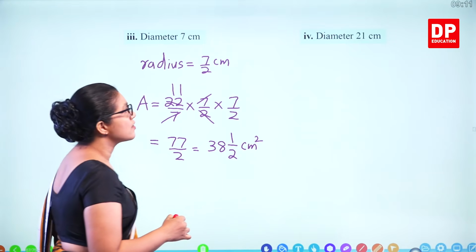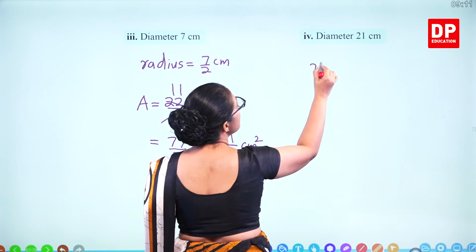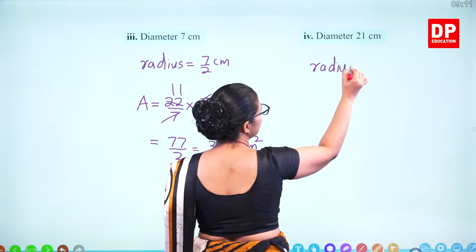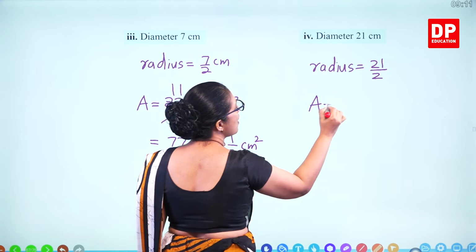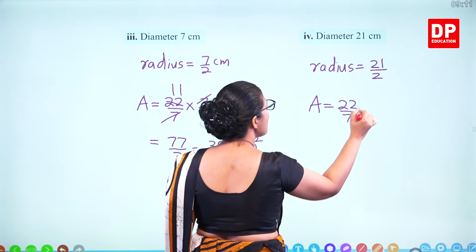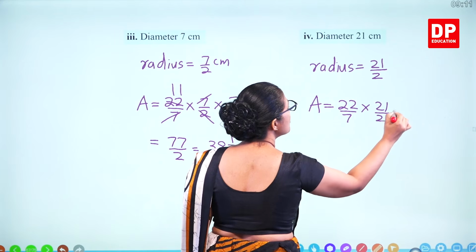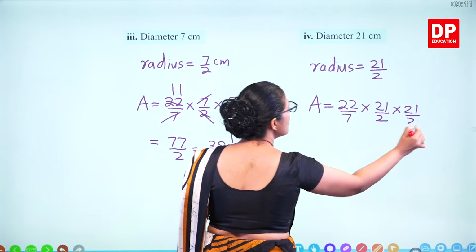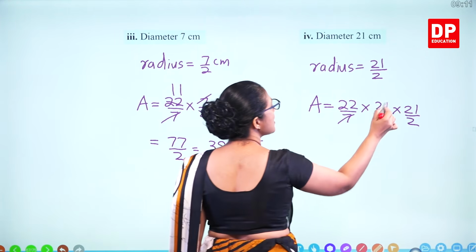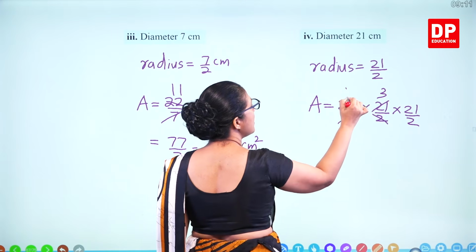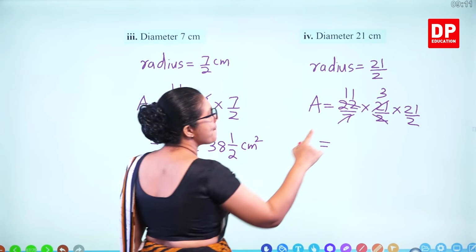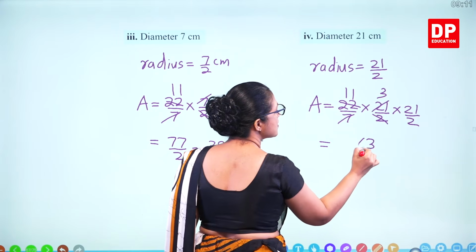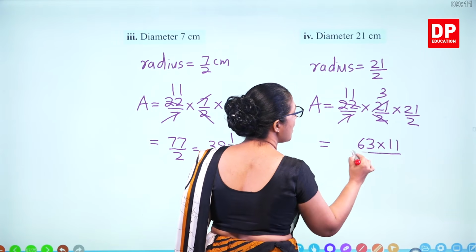Diameter is 21. So what's the radius? 21 over 2. So area becomes pi, 22 over 7, 21 over 2 into 21 over 2. 7 times 3. 2 and 11. And here you get 3 times this one, 63 times 11 divided by 2.